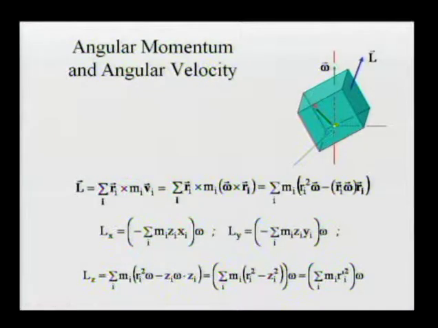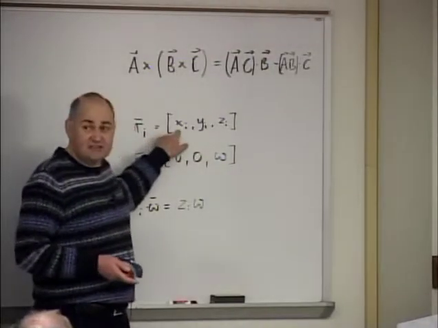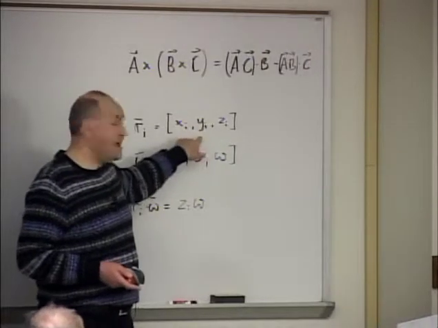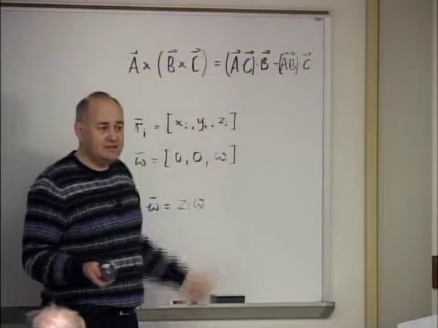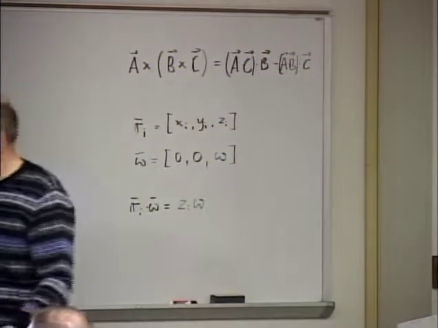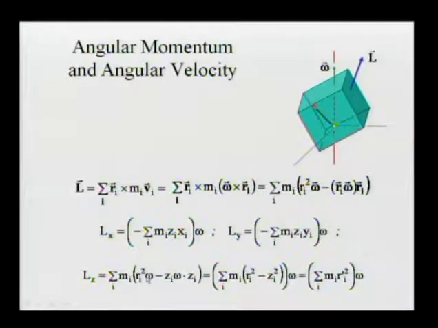I have to take all three components, because if we look back to here, now I have to square this vector. So it is xi squared plus yi squared plus zi squared. This is what I get for the square of this vector, and then I multiply by omega.